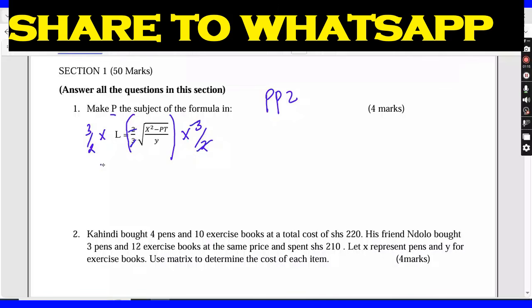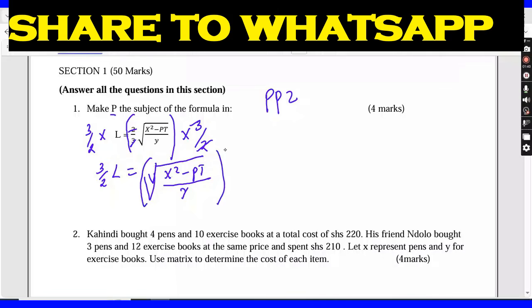Now we will have 3 over 2L is equal to the square root of x squared minus pt divided by y. Now the next thing, let's remove this square root. How do we remove the square root?